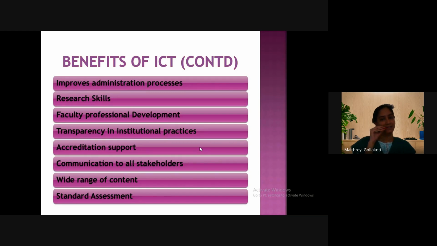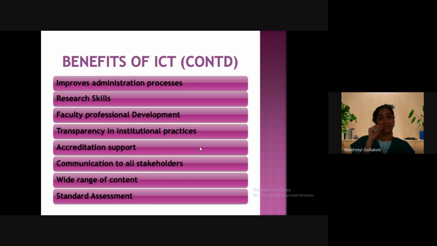Everything is online, isn't it? So the administrative process also becomes very transparent and easy and rapid because of ICT. So ICT is helping not just in teaching, it is also helping in administration.